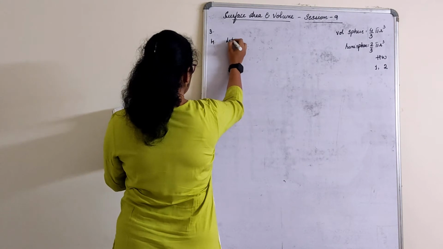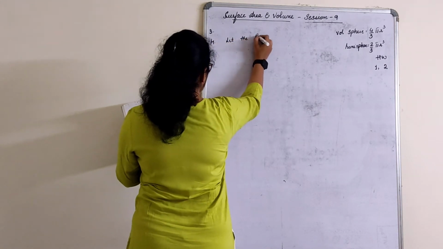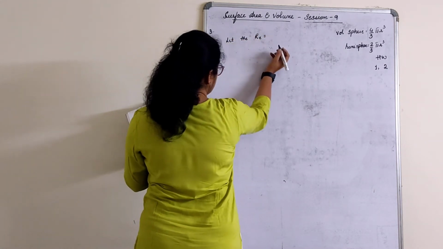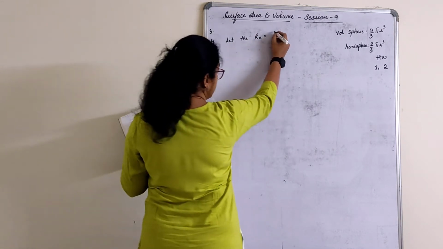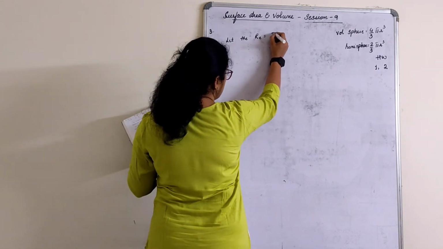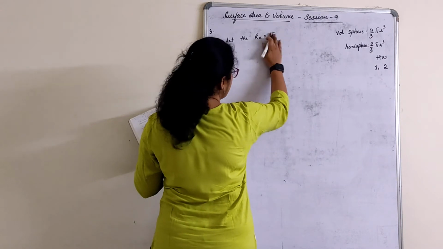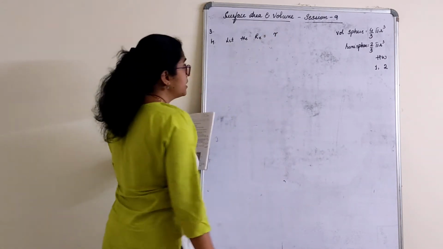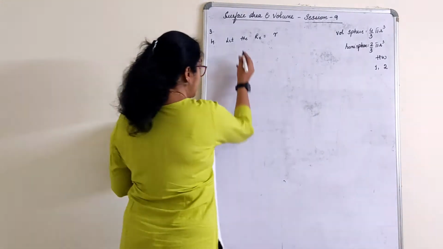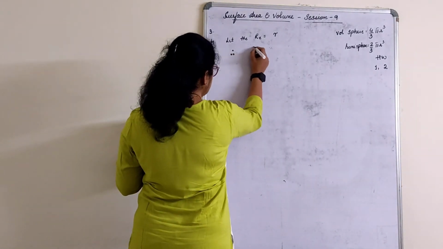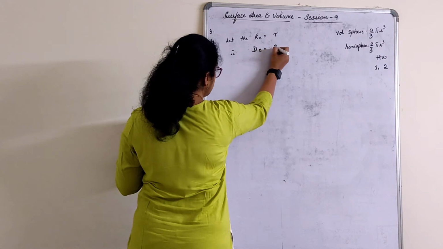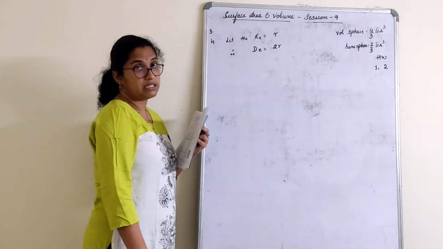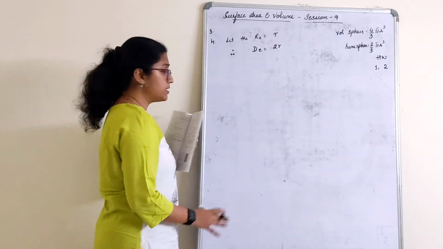Let the radius of the earth be R. Therefore, the diameter of the earth is 2R. D stands for diameter, R stands for radius. Keep this as it is.